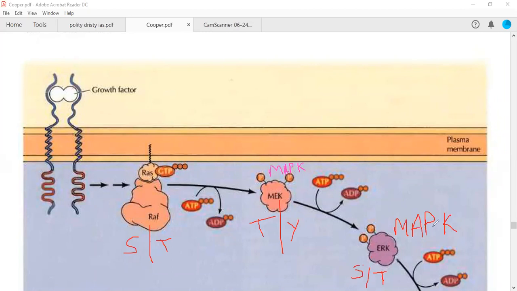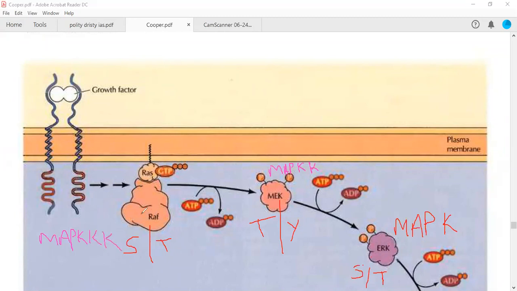Because this is a MAP kinase already, and this is a kinase for this particular protein, you can add one more K. So this is called MAP kinase kinase. Similarly, this particular protein RAF is activating this particular kinase, so you may add one more K. Already this is a MAP kinase, but because it is coming two positions earlier, you can add two more Ks.